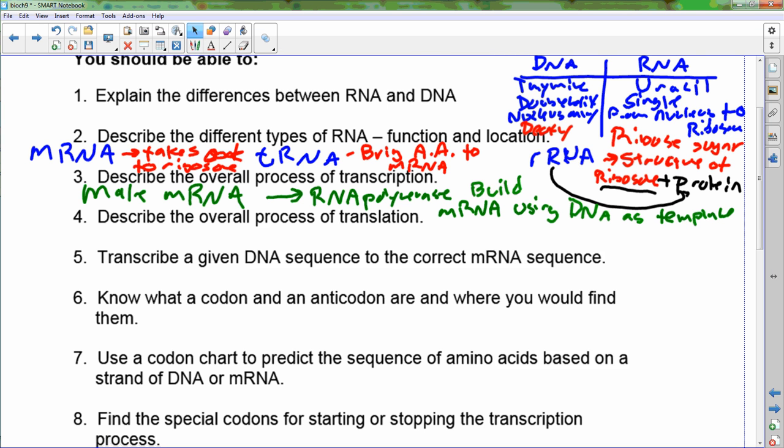So you remember that the polymerase unwinds the DNA in one little section. It reads starting at the start codon, and builds the messenger RNA one piece at a time, making sure everything gives the code where it's going to match with the bases on the DNA molecule. So using that template of the DNA.